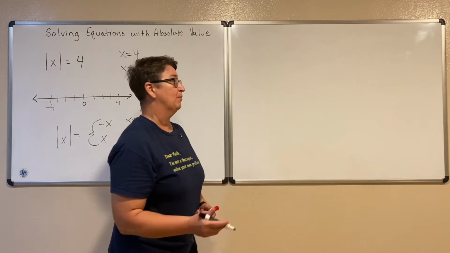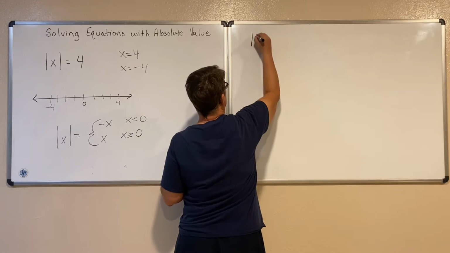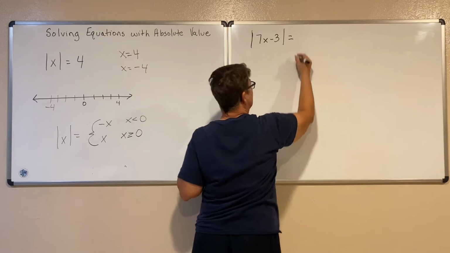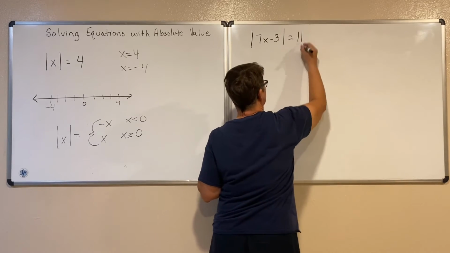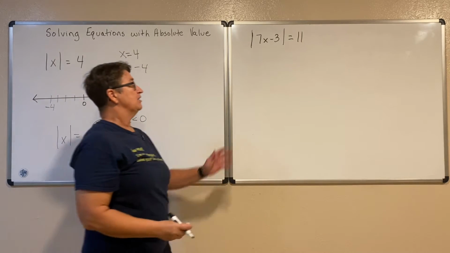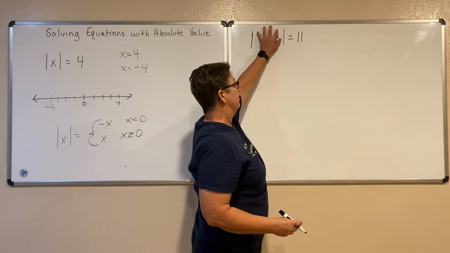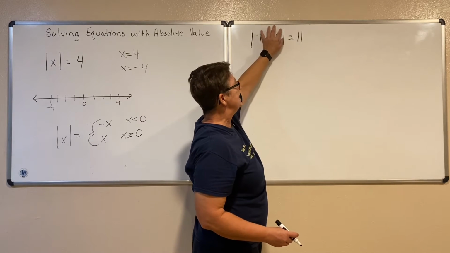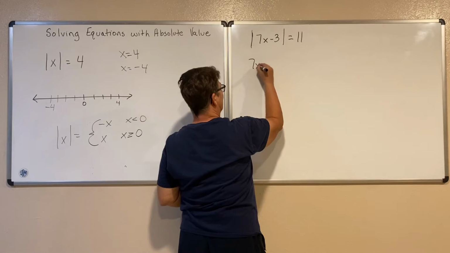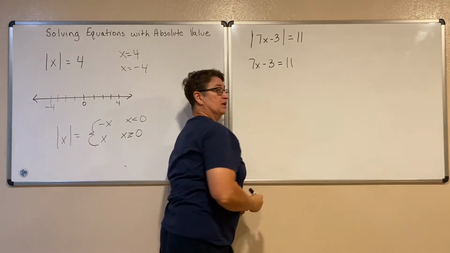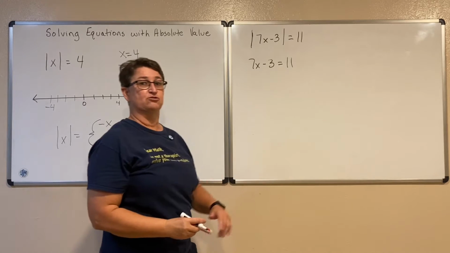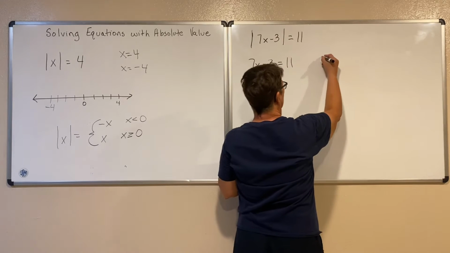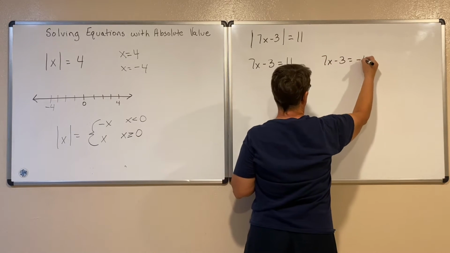So we have to keep this in mind when we're solving equations such as this, where I have the absolute value of 7x minus 3 is equal to 11. Because the number that's represented in here could be 11, so this thing may need to equal 11. 7x minus 3 could be 11 spots to the right, but this in here could also be equal to a negative 11.